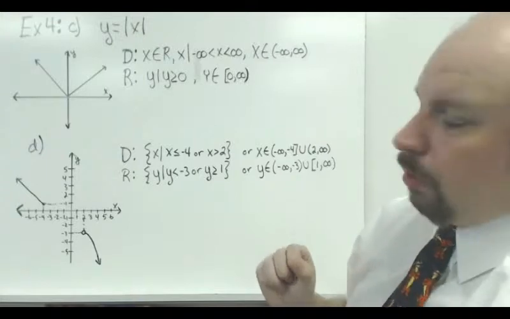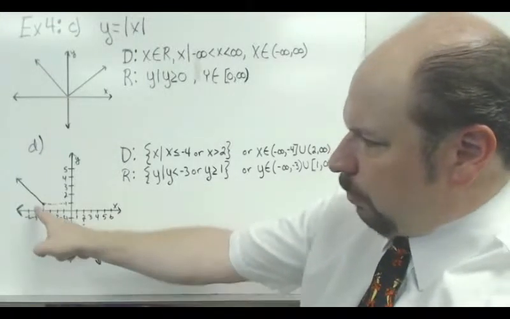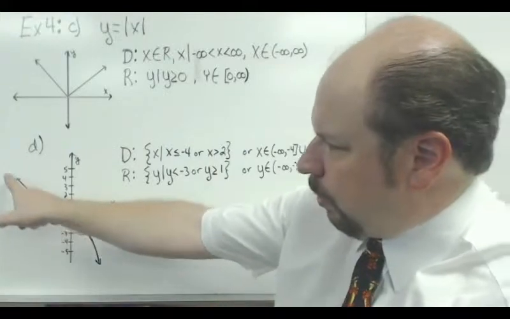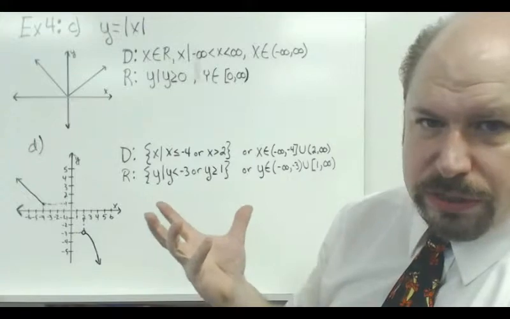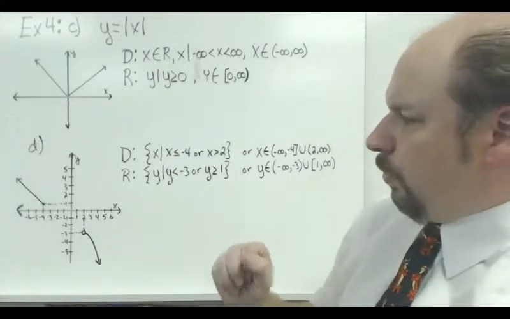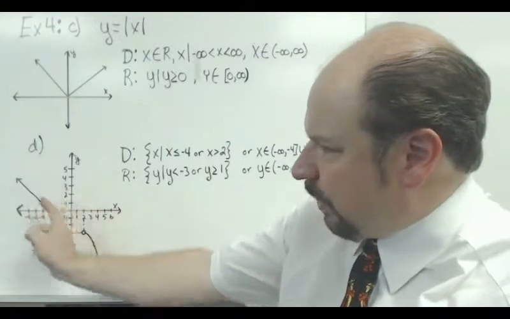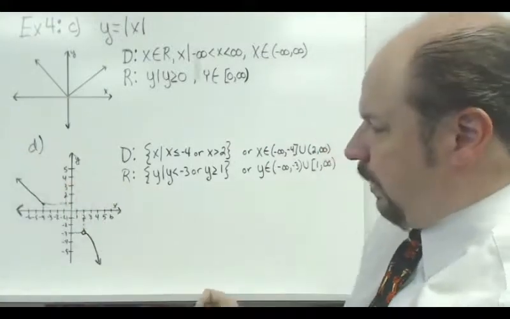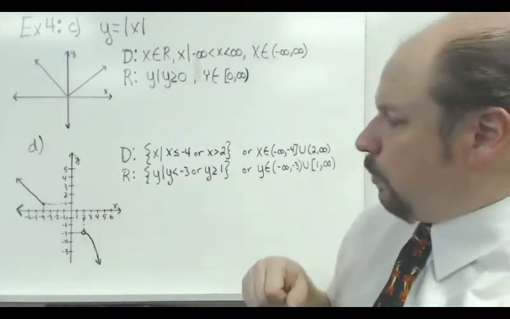Okay, so our final example. Notice I have two parts to our graph here. In this one, we have this piece over here and we have this piece over here. So it's kind of split. So for the domain, the x values, we'll notice the arrow, so it continues off in that way in the x direction, and it does continue off this way in the x direction as well.